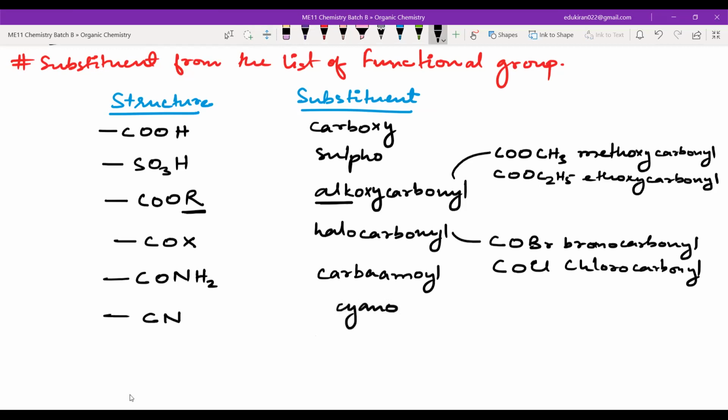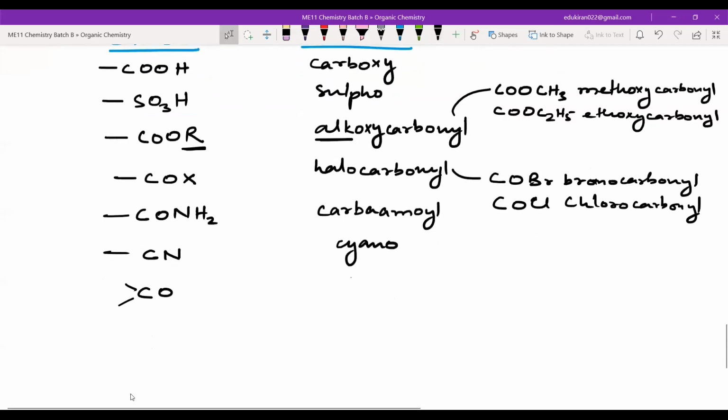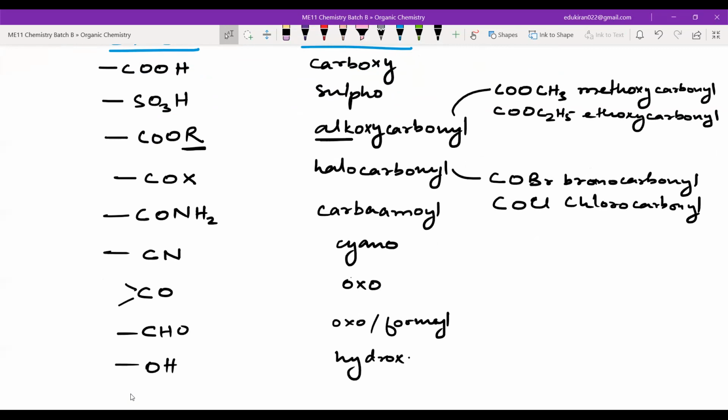Then you can also have C double bond O. This is oxo. CHO is oxo or formyl. And after this, we have OH, hydroxy. And then you have NH2. This will be amino.